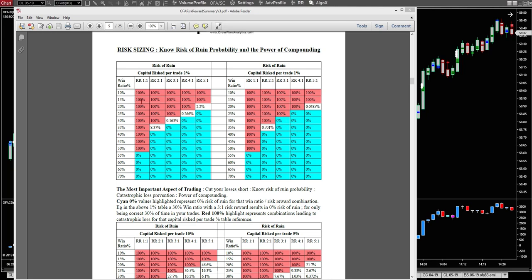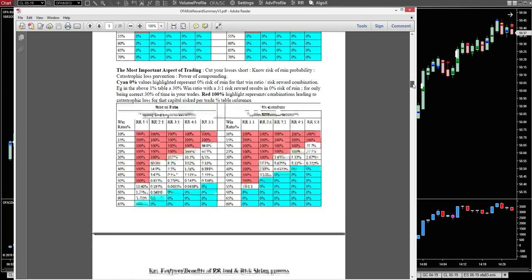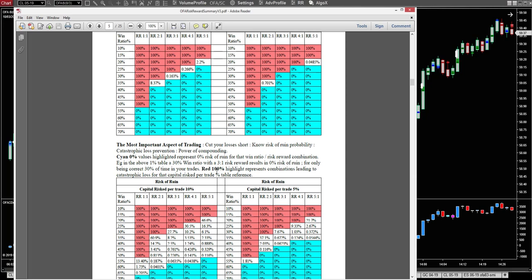So you have a bit of a spread there between the 2 and the 1%. If you were to err on the side of caution, you could lean on the 1% and actually give yourself an extra 5% of win rate, like a wiggle room to work with. I've just highlighted here on these tables, you can see the cyan and the red, just to give a comparison of where we have 0% risk of ruin.